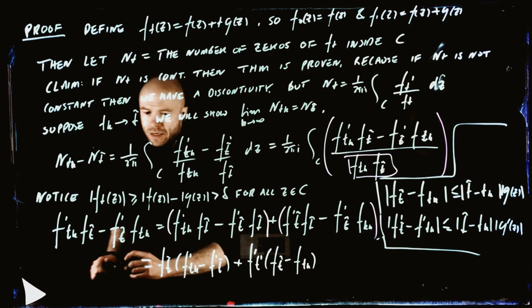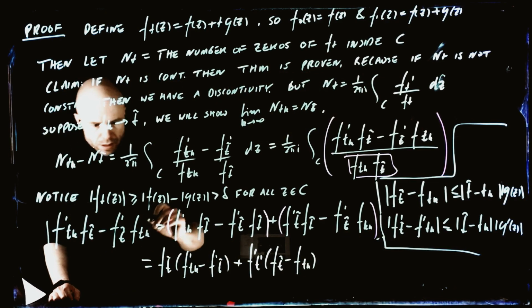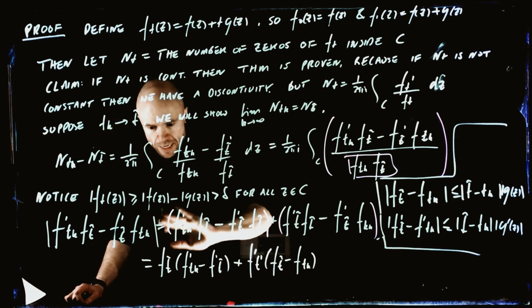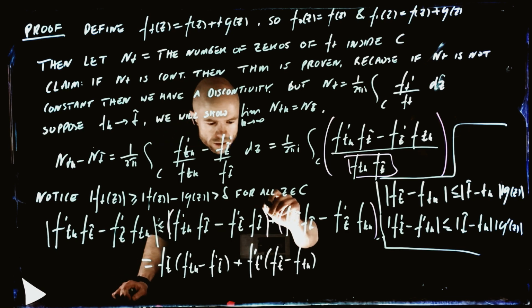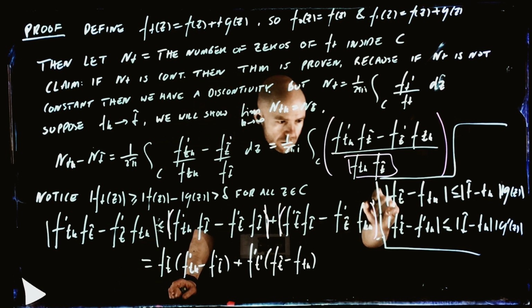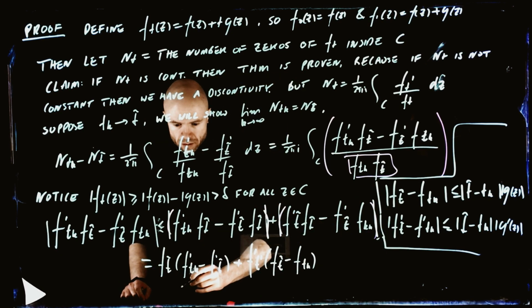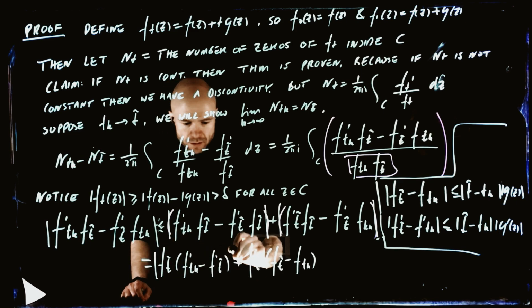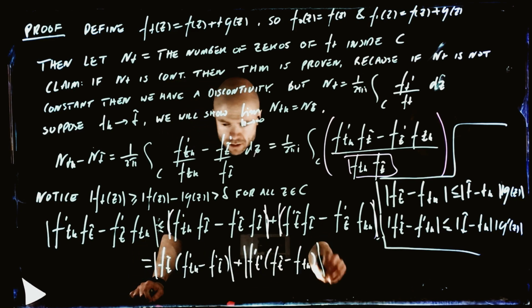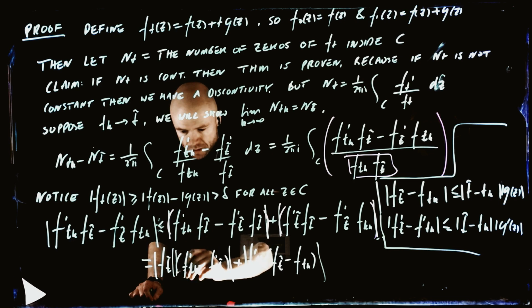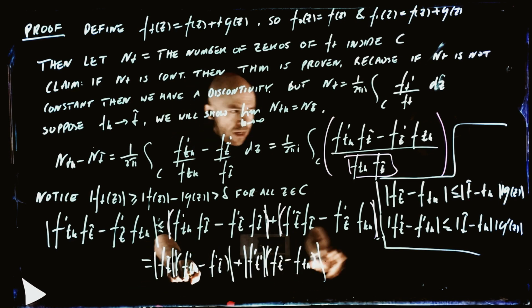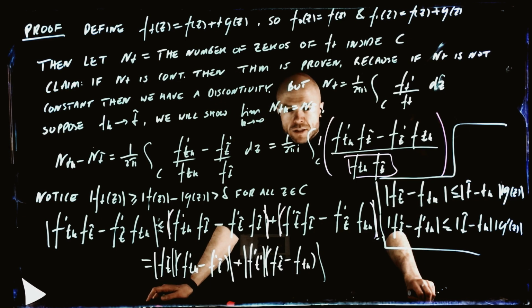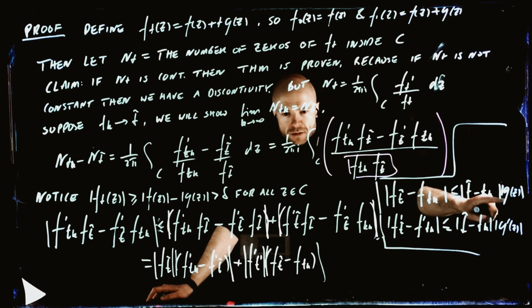So if we take absolute value signs around this thing, then we have less than or equal to absolute value around this, absolute value around this, and then absolute value around this, absolute value around this, which is the same as absolute value of this times this, this times this. And we have that these guys here are tending to 0 as tk goes to t tilde, independent of z.